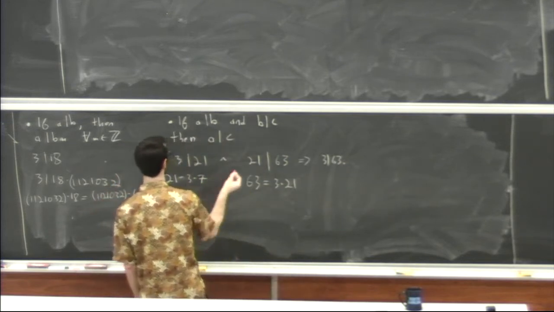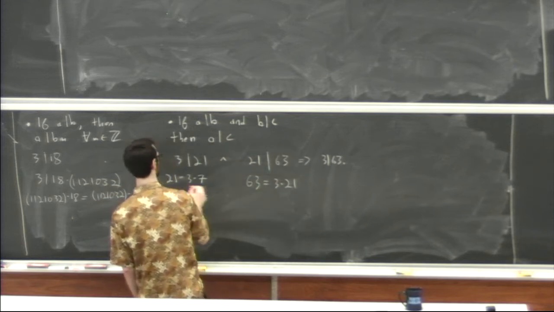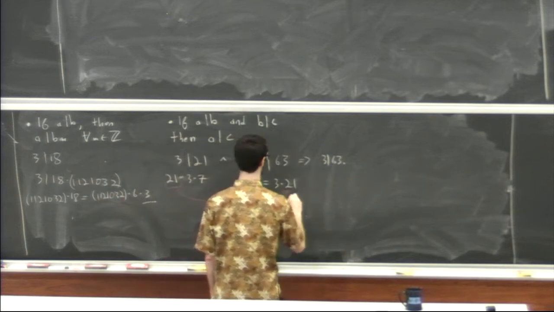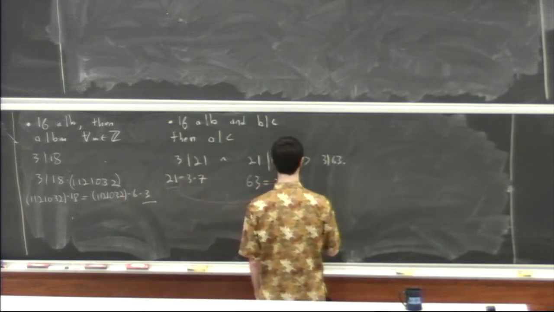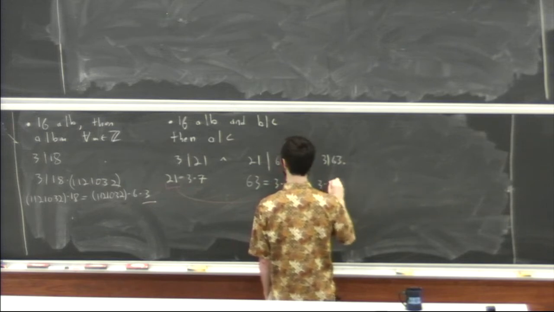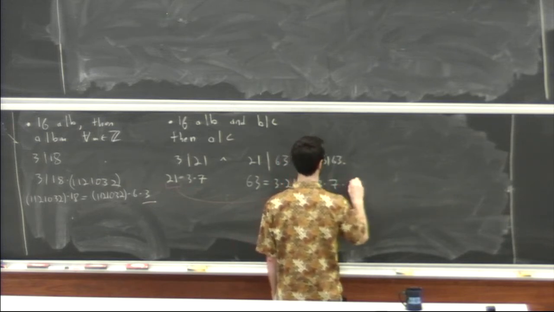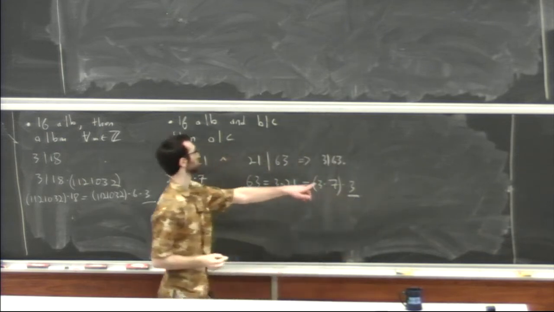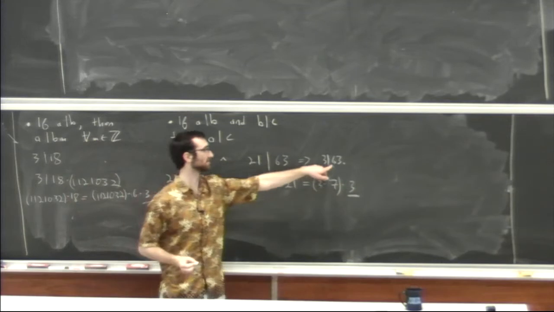Maybe I should have picked 4 times so that this 3 isn't confusing. The point is I just plug in this 21 over here, and now I'm able to write 63 is equal to 3 times 7 times 3. And it's this last 3 that I'm using to see that 3 indeed divides 63.